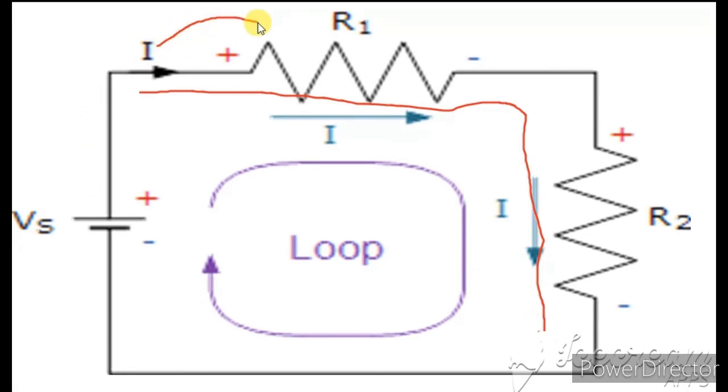If you take the product, we write R1 into I. Then coming here, this is again I R2. This is along the same direction, so we write plus I into R2.